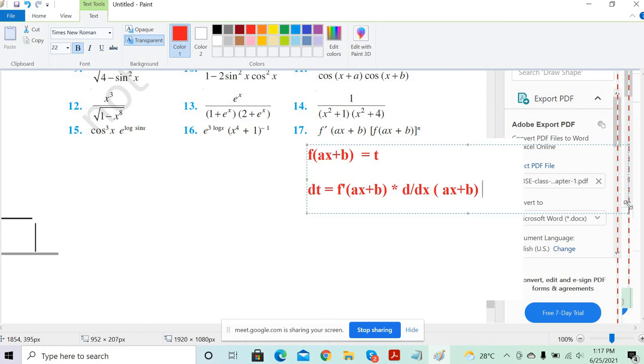It is the chain rule you have to apply, right? So dt will be equal to f dash of ax plus b into d by dx of ax plus b, which will be given as a only.